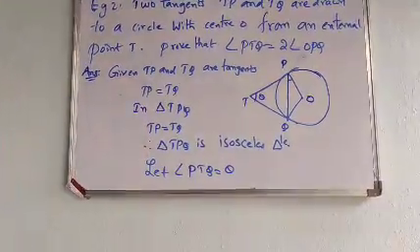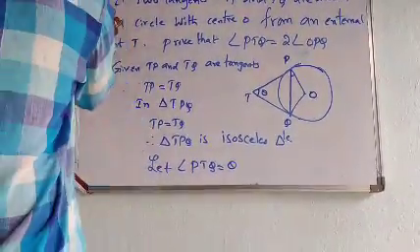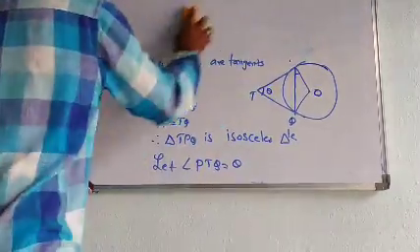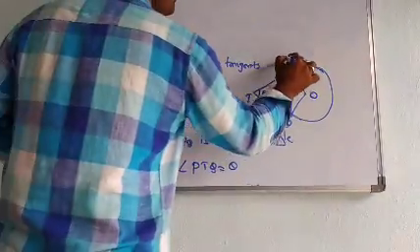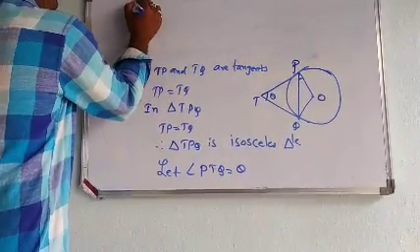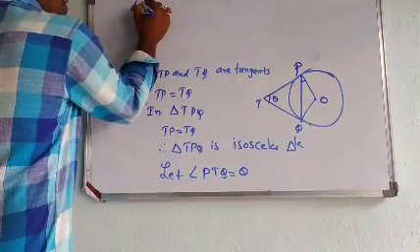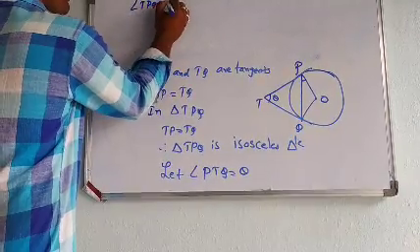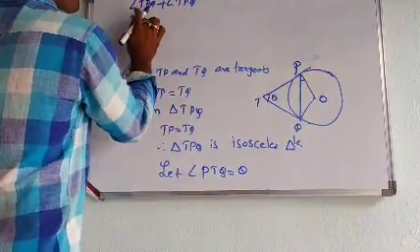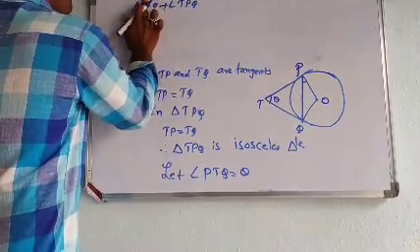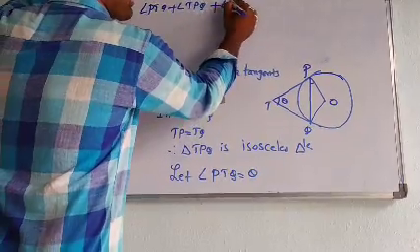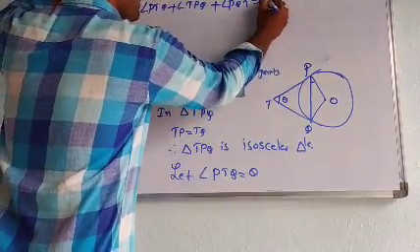Okay, let us solve now. If angle PTQ equals theta, then angle PTQ plus angle TPQ plus angle PQT is equal to 180 degrees.